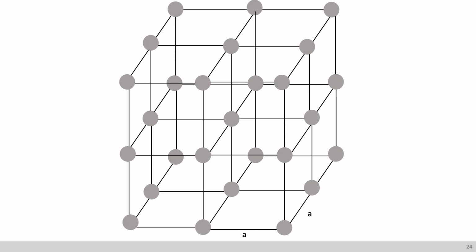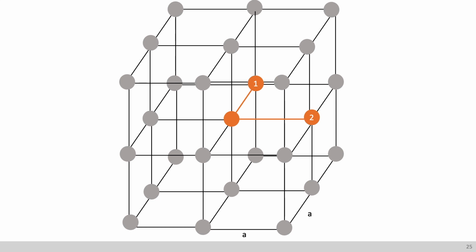And so if I highlight and look at this center atom, what we need to do is find the coordination number of simple cubic. So I need to identify the closest neighbors and how many of those neighbors I have, which in this case, the closest distance would be A. First I find that the closest number 1 is here.